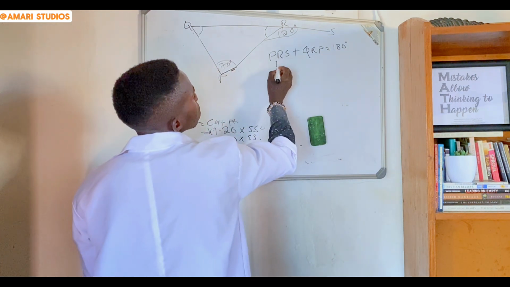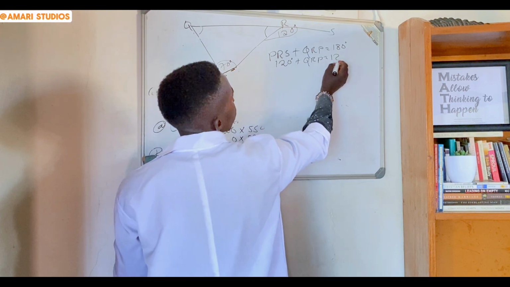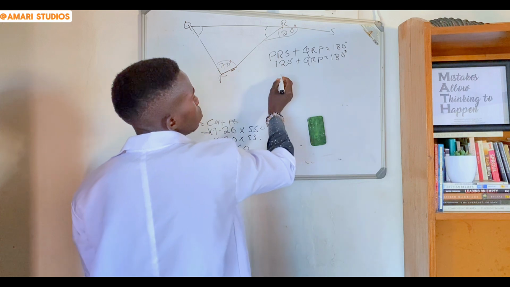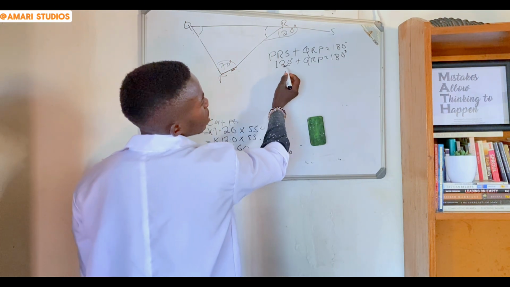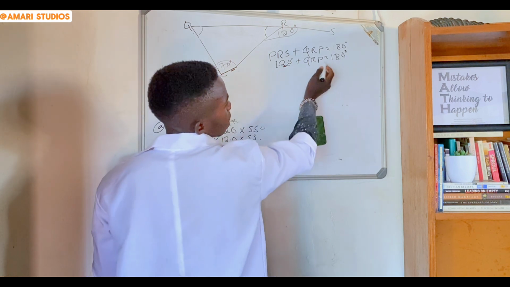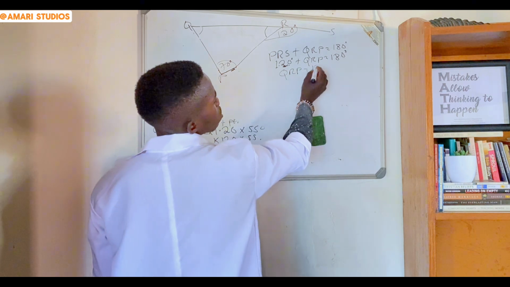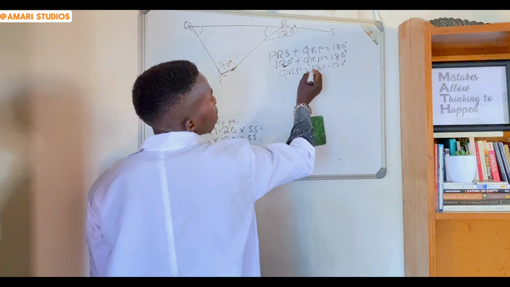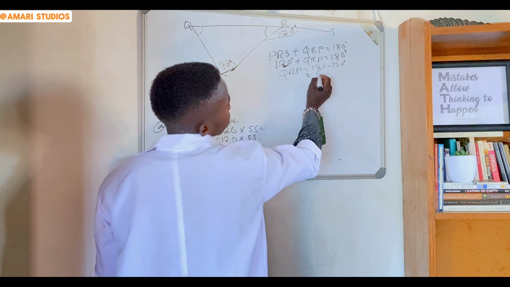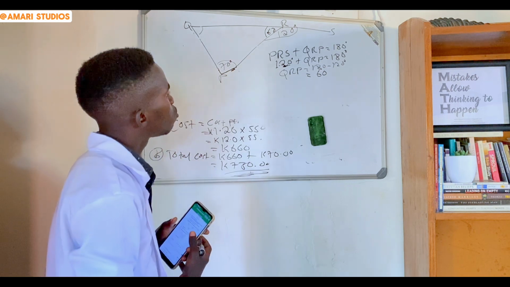Angle PRS is 120 degrees, plus QRP equals 180 degrees. Then 120 crosses the equal sign, and QRP equals 180 minus 120, which gives us 60 degrees. So the angle QRP is 60 degrees.